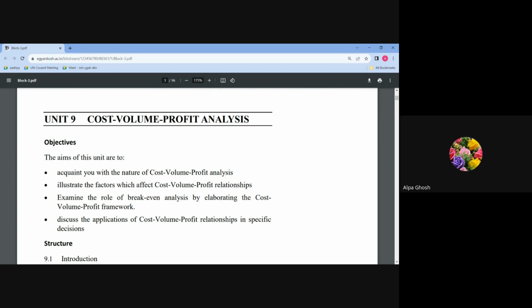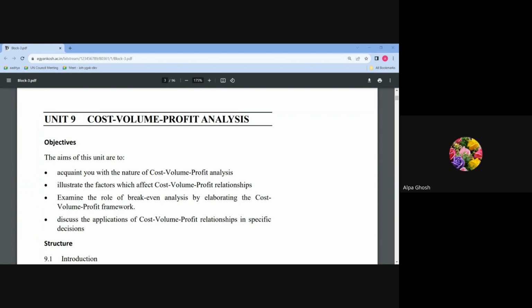So what is the relation between cost, quantity, and profit? If we want to increase the profit, how is it going to affect the quantity, or at what quantity can we sell the products so that we have no profit, no loss.